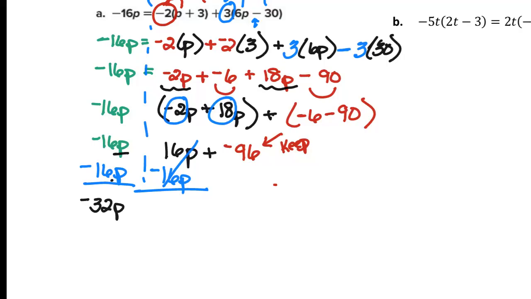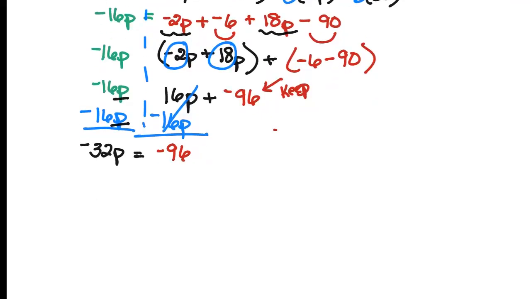Notice the p stayed the same. It's like a last name. We didn't double our last name, it just stays the same. That is equal to negative 96. We're solving for p. Right now, p is being multiplied, so divide by negative 32, divide by negative 32, and p is equal to 3.